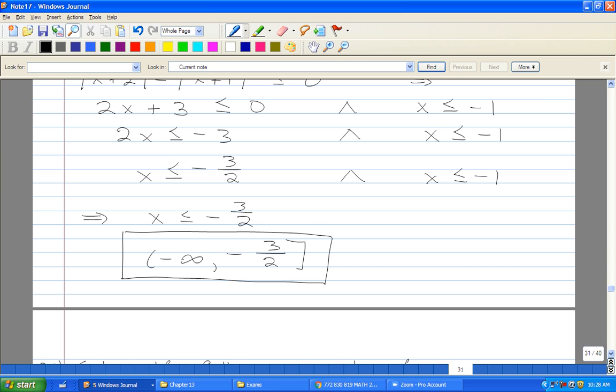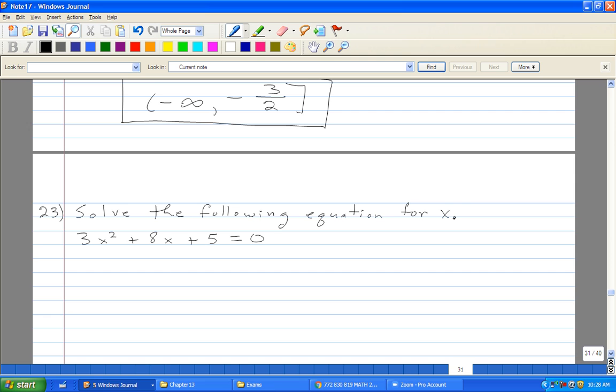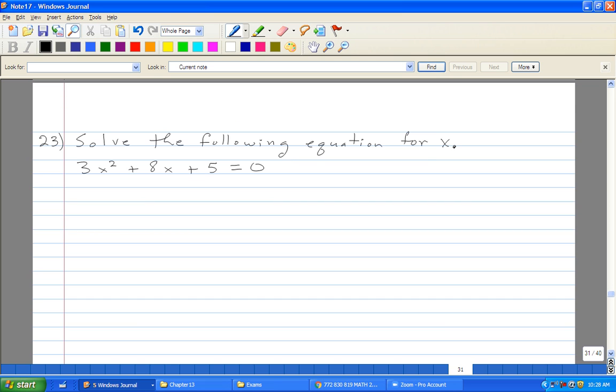Let me do problem number 23. Solve the following equation for x. Okay, so let's try to factor this. Well, this factors into 3x plus 5, x plus 1. And let's check. So 3x squared plus 3x plus 5x is 8x plus 5.